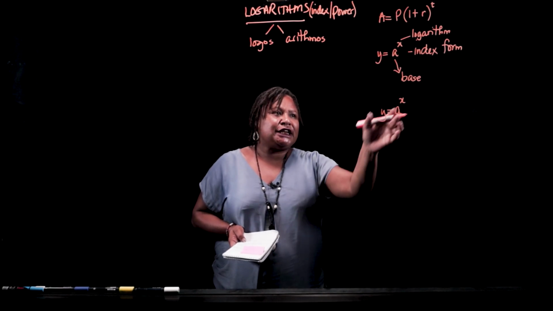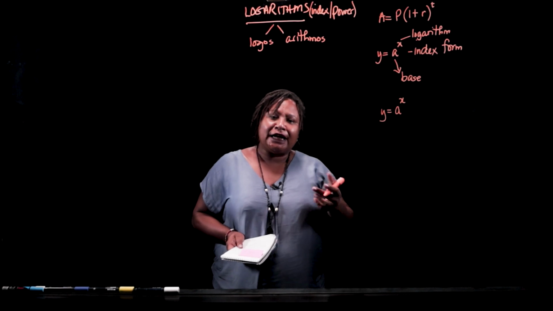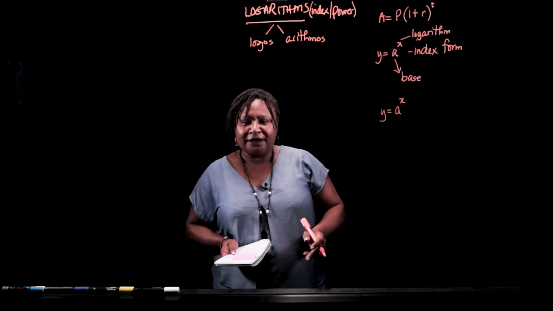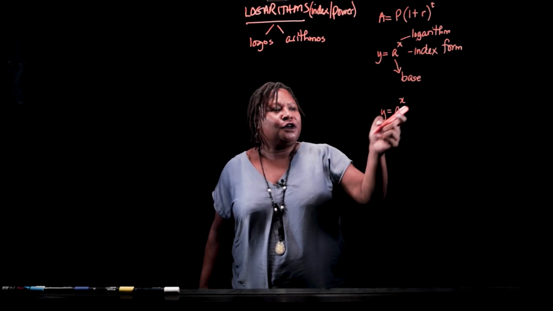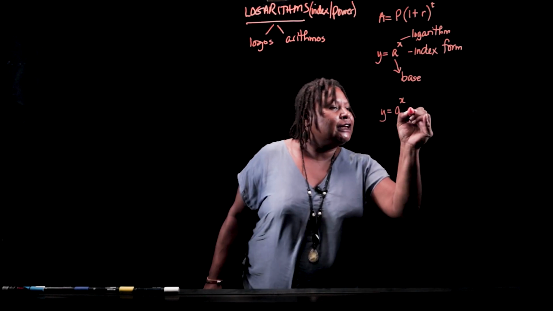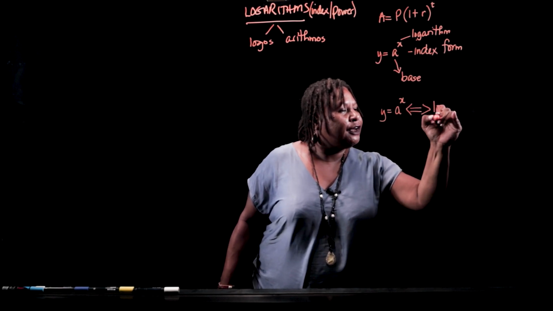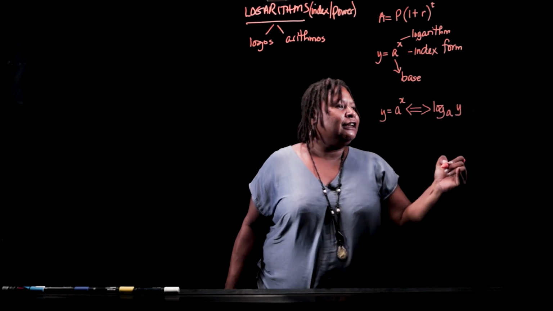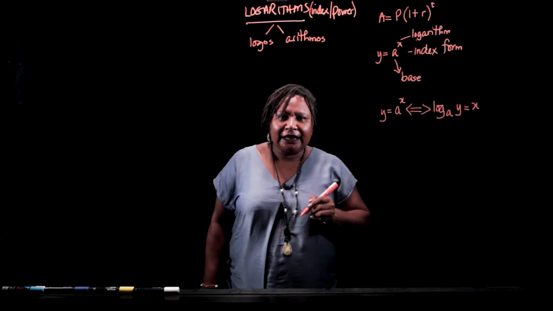Now, when we express index form as a log, we are in fact trying to express a number using the base that is given. So if I were to write y in terms of the base a as a log, I would write log of y to base a is equal to x, the index.